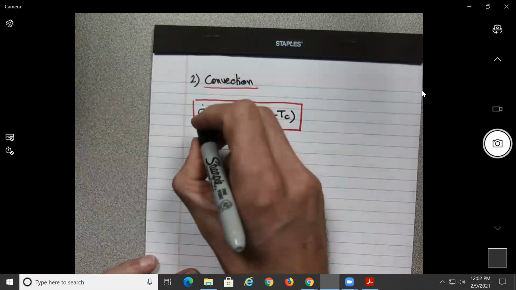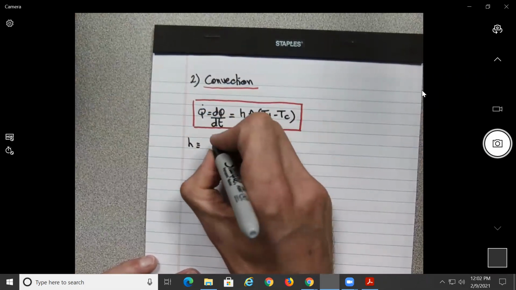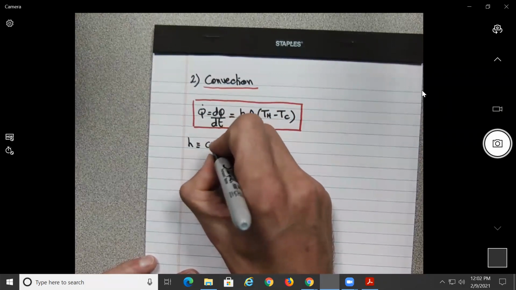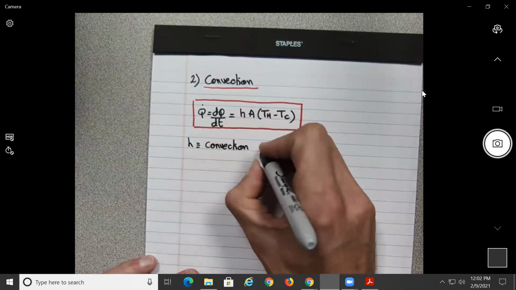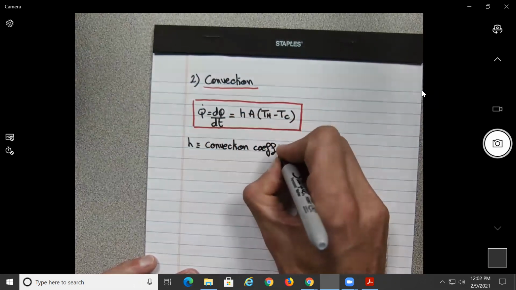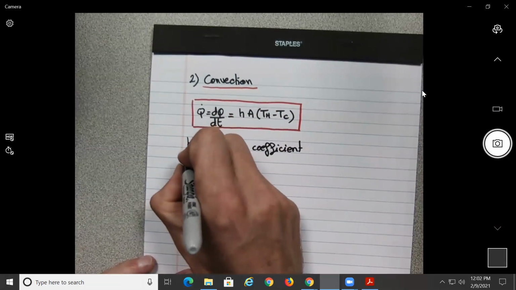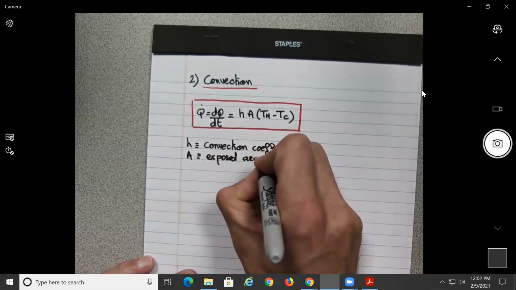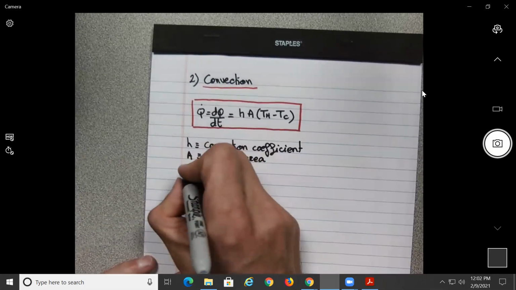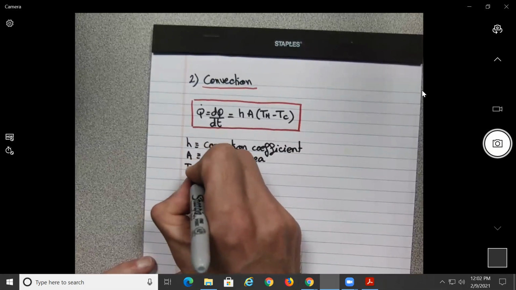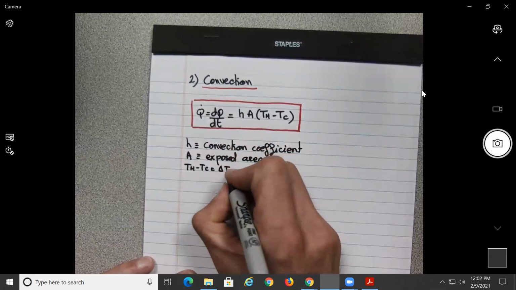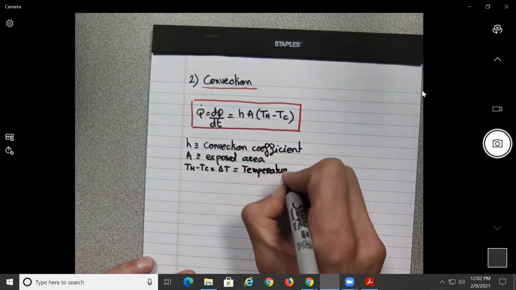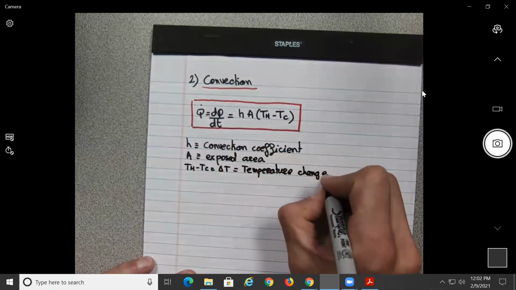Where again h is the convection coefficient, A is the exposed area, and T_H minus T_C, let's say this is delta T, which will be the temperature change.